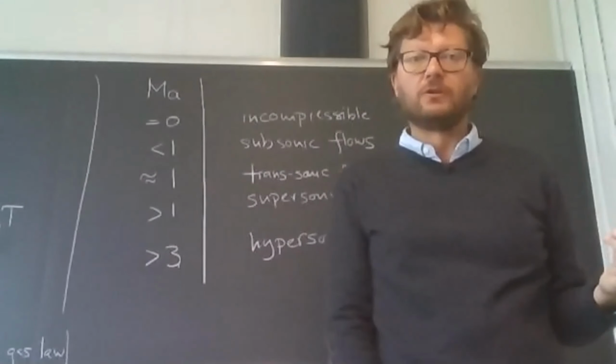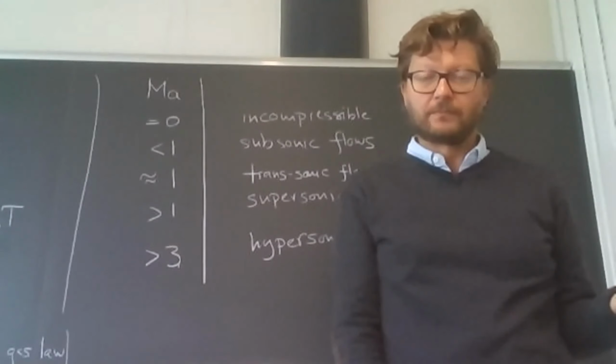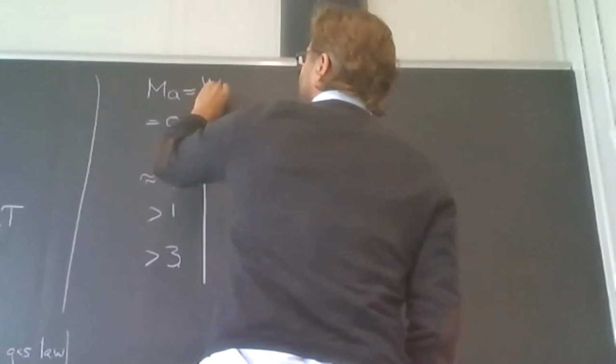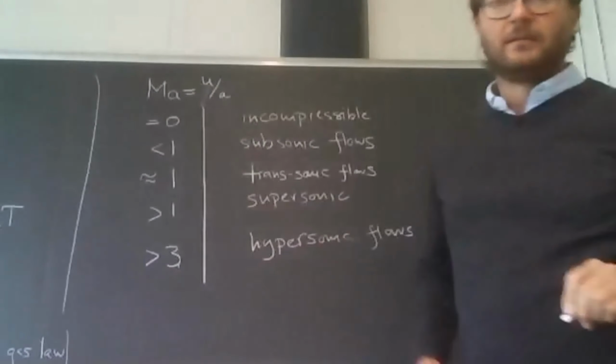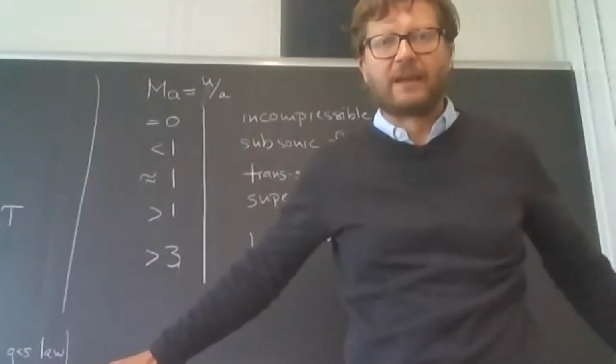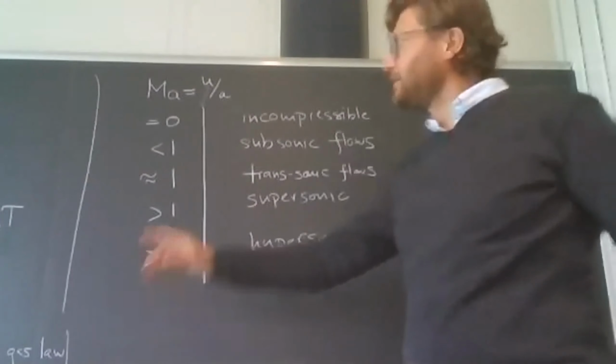Mach equals 0 is the condition of incompressible flow. And of course, Mach is U divided by A. Mach 0 could mean that U is 0, and then of course we have no flow at all. It's of course not very interesting.